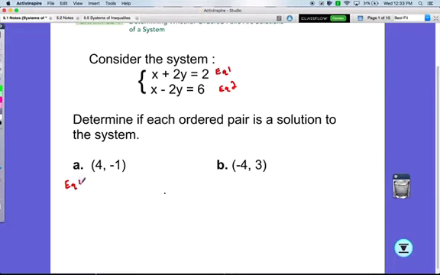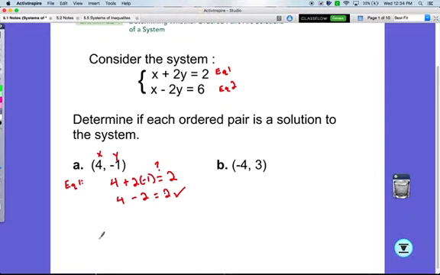The 4 is your x value, so I'd have 4 plus 2 times the y value of -1. Is that equal to 2? Well, 2 times -1 is -2, and 4 minus 2 equals 2. It is, so that works for that one.